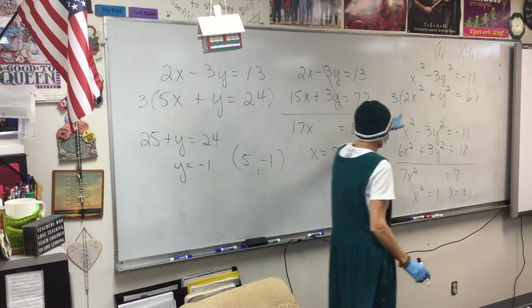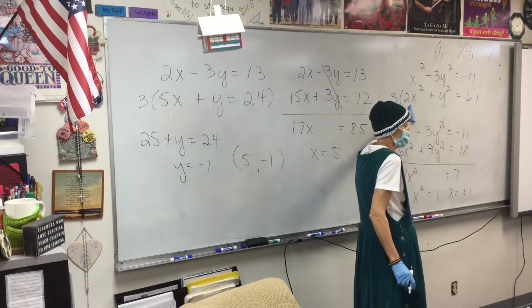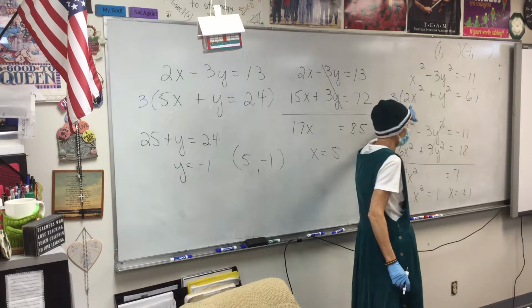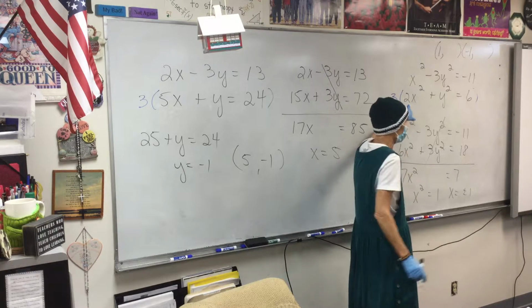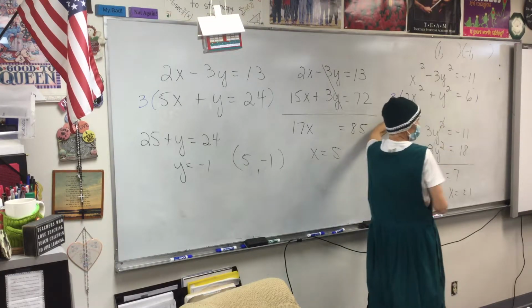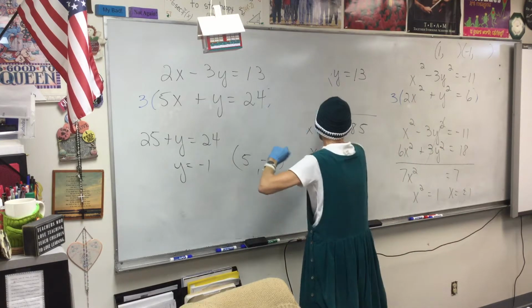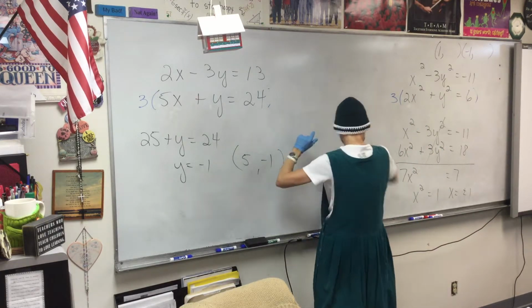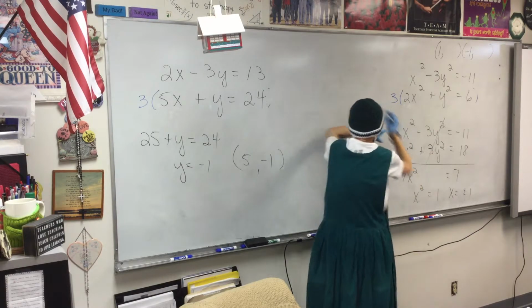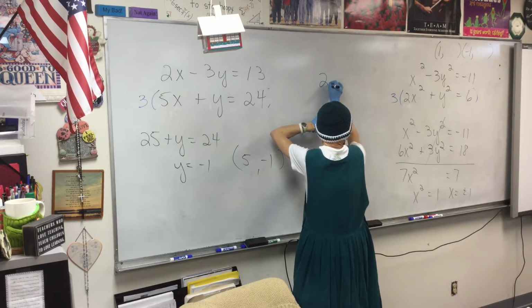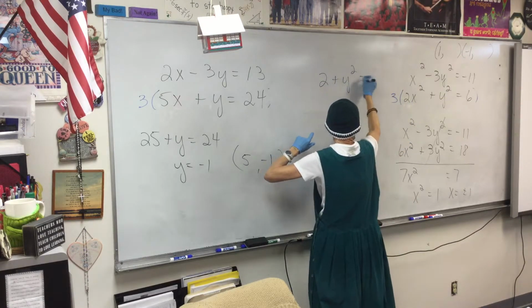All right, so I'm going to go back to this equation again. Does it matter which one I go to? I'm going to go to this one, and I'm going to put in 1. So if I put in 1, I get 2 plus y squared equals 6.